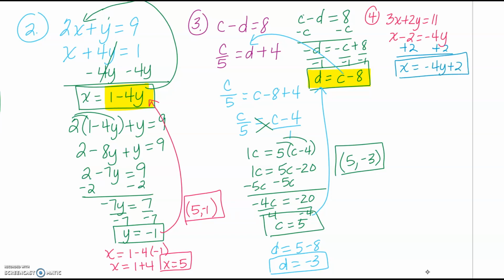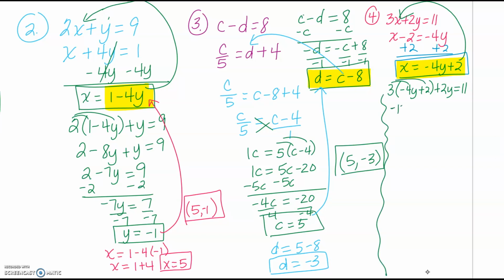I'm going to box that, because now I'm going to put wherever there is an x in the first equation, I'm going to replace it with negative 4y plus 2. So I get 3 times negative 4y plus 2y equals 11. I'm going to distribute my 3. I'm going to draw a little squiggly here so we don't get those confused.